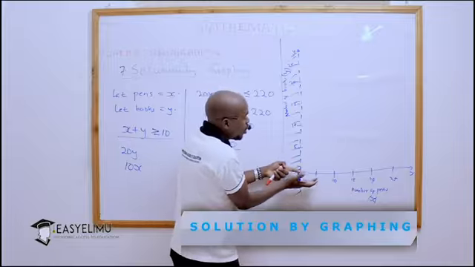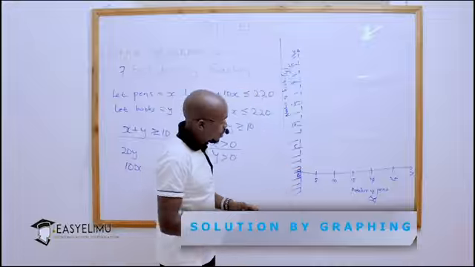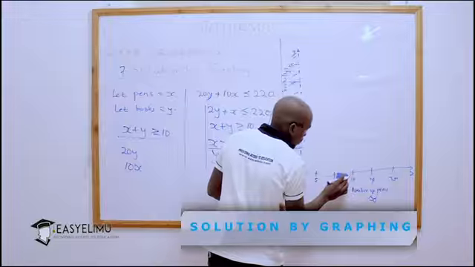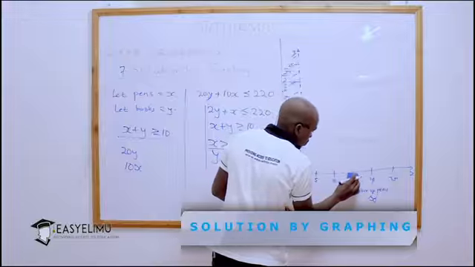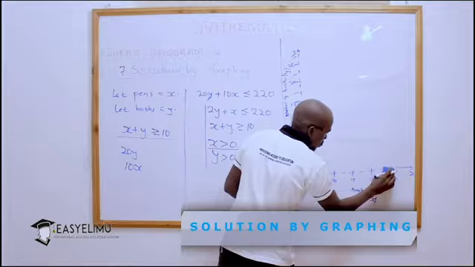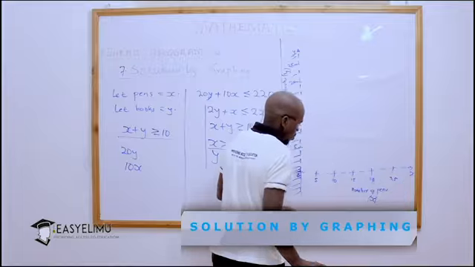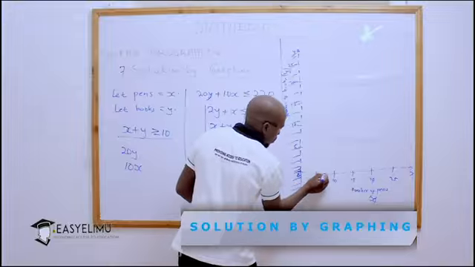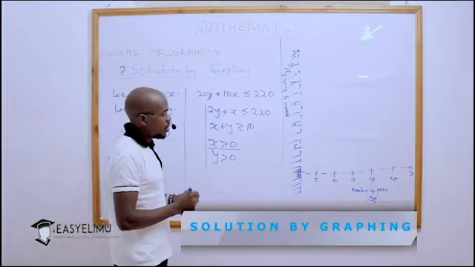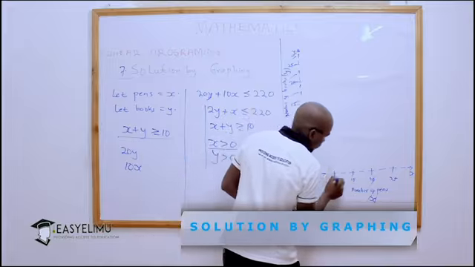We consider only values which are positive. The same applies to this, so we shall shade the downward part.